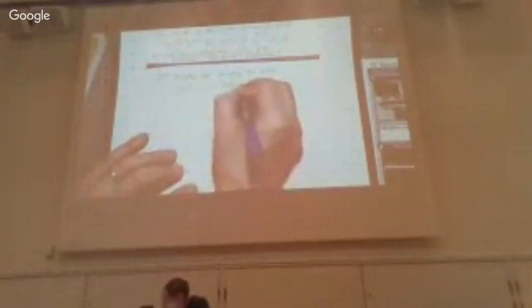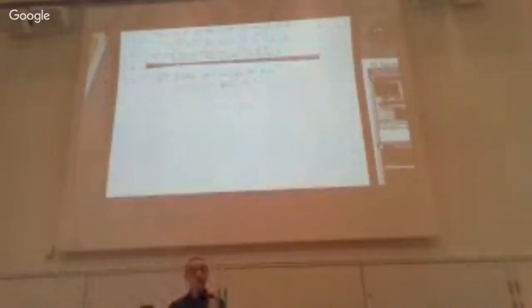So 2014 is congruent to what modulo 25? 14, of course, because 25 is a factor of 100. If you take off the hundreds there, you're left with 14.